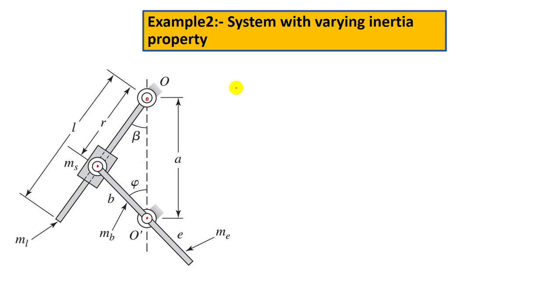If we go back to the cosine law and want to derive the formula for r as a function of phi, then r square is equal to a square plus b square minus 2ab cos phi. So this is our first equation.